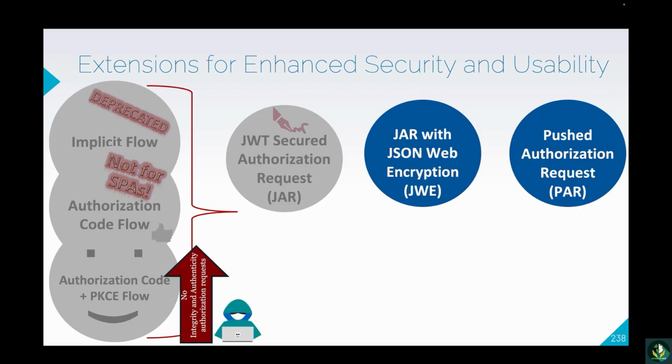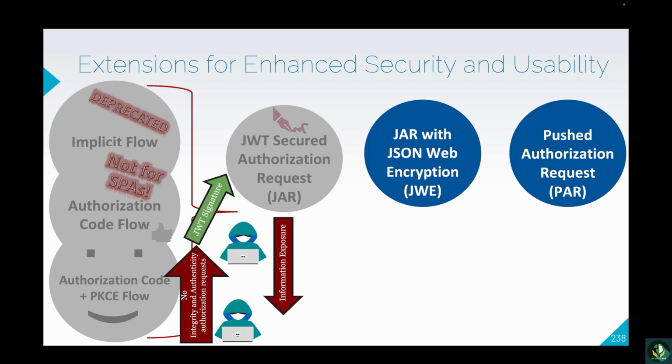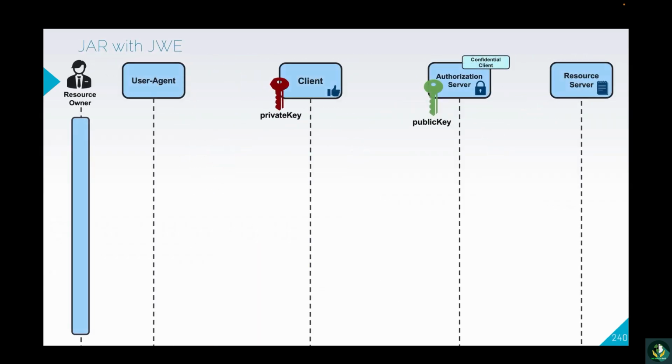When it comes to OAuth 2, the JAR extension ensures the integrity and authenticity of the authorization request parameters through the use of a signed JWT, JWS. But in some cases, we also need to guarantee the confidentiality of the authorization request. This is where the combination of JAR with JWE proves useful. In simple terms, JAR with JWE works similarly to JAR, but with an added step.